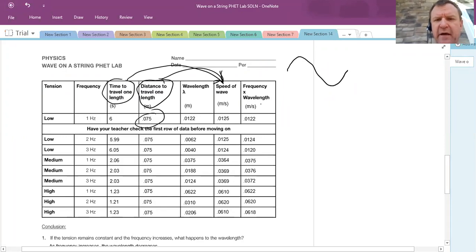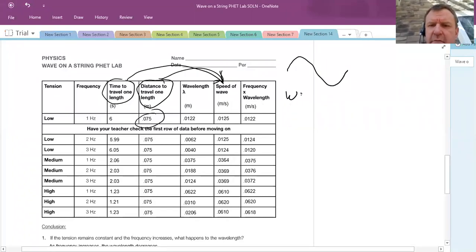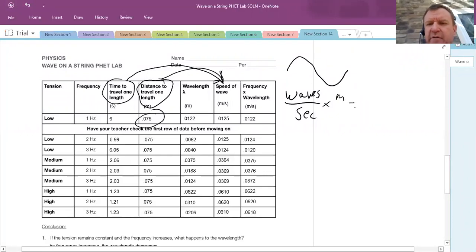And then the last column, frequency times wavelength. So frequency, if you remember, is waves per second, and then times wavelength, that's going to be in meters, basically. Now the thing with frequency, it's a little weird. Waves really is not a unit.